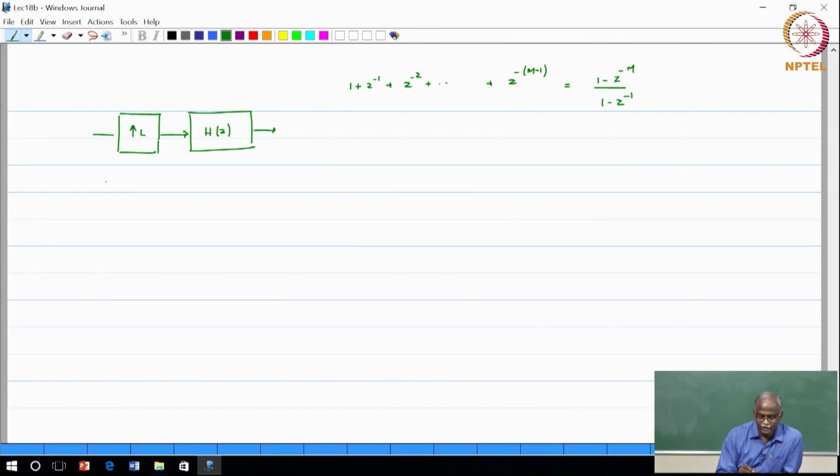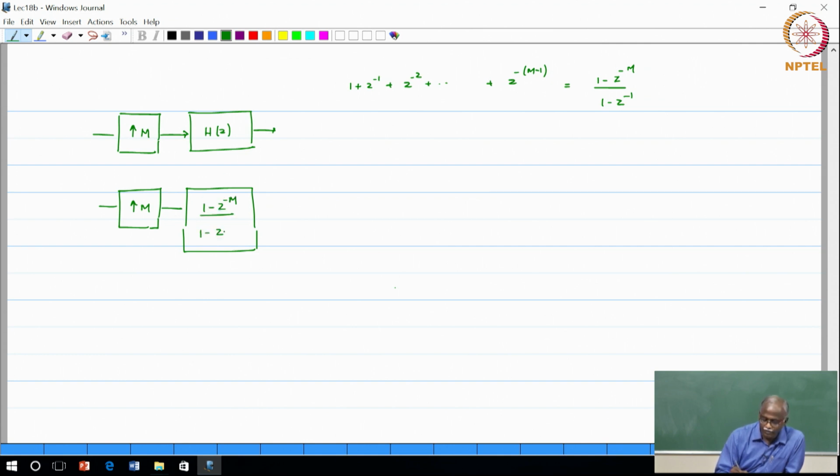So, this filter, okay, I am going to change this to m, so you do not have to change the others. So, I have upsampling by a factor of m, and I have to do the following filter: 1 minus z power minus m divided by 1 minus z inverse.